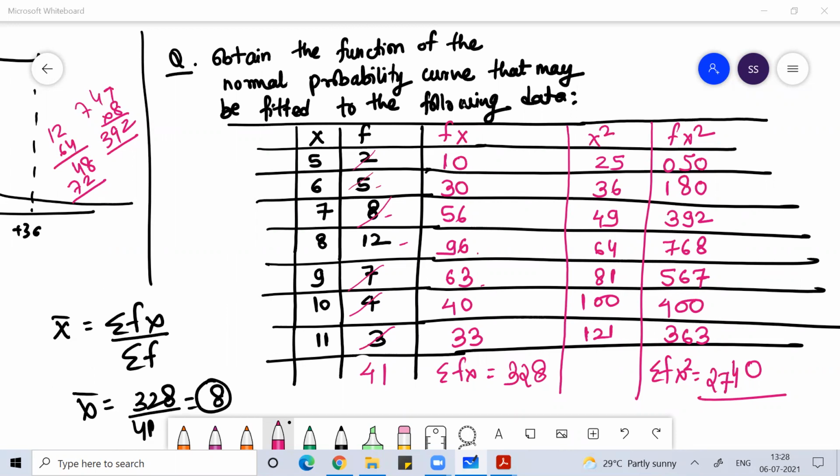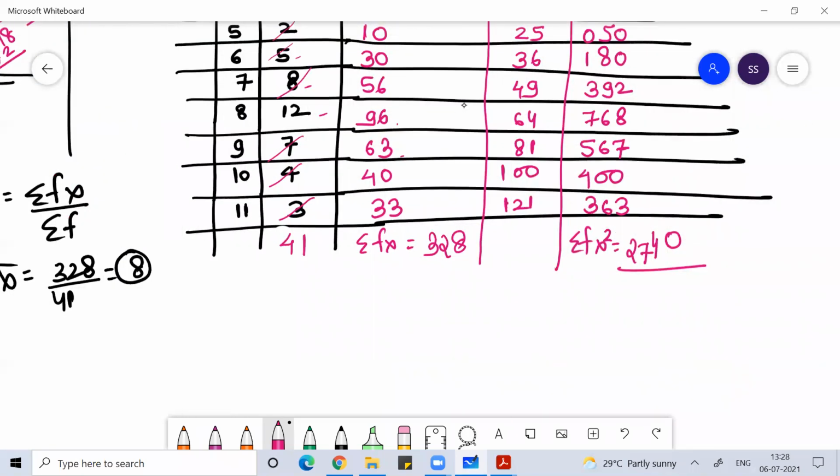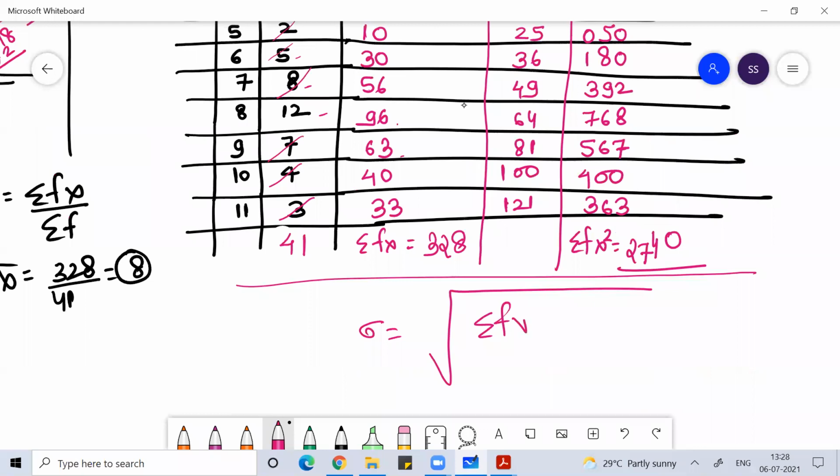Once you get this sum of fx square value, 2740, I can find the variance very easily, right? The standard deviation formula is the square root of summation of fx squared by summation of f, minus the square of summation of fx by summation of f.